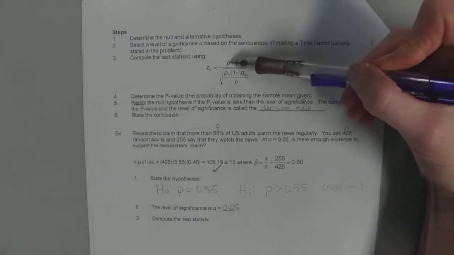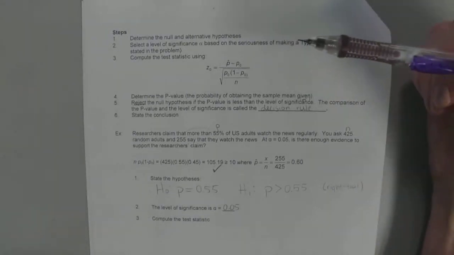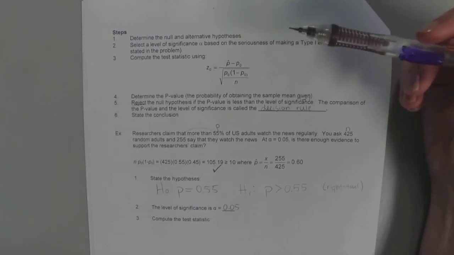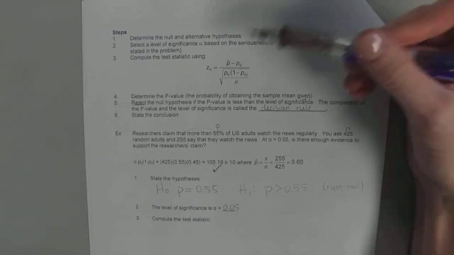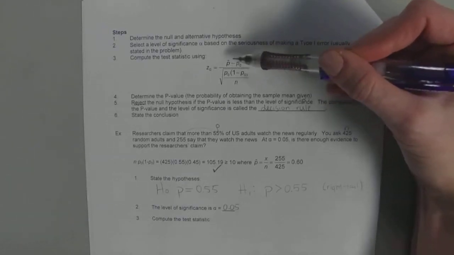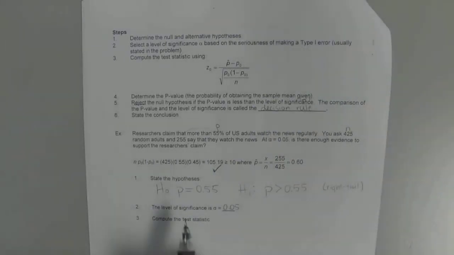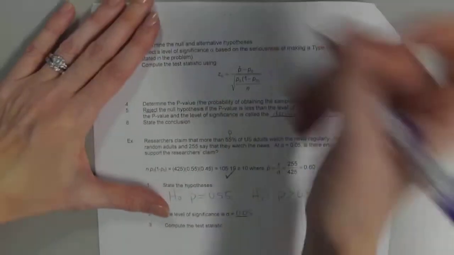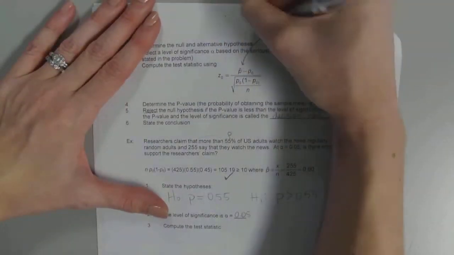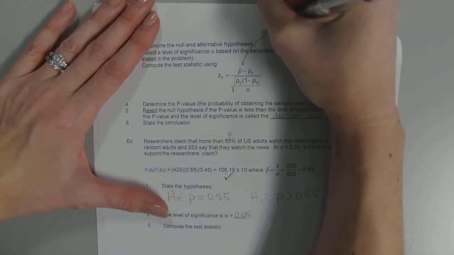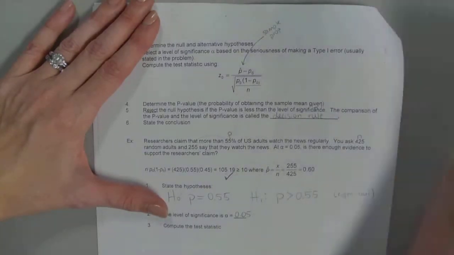What's p hat stand for? What is p hat? 0.6, but what is that? That's our sample proportion. What do you think p naught is? Nope. P naught, here, let's label all this. Okay, so this is your sample proportion. That way, when you go to put them in, you put them in the right spots.